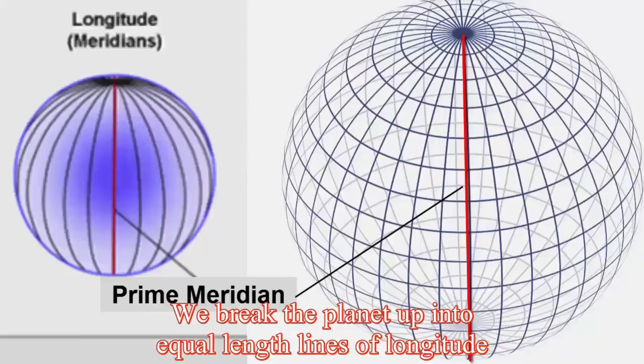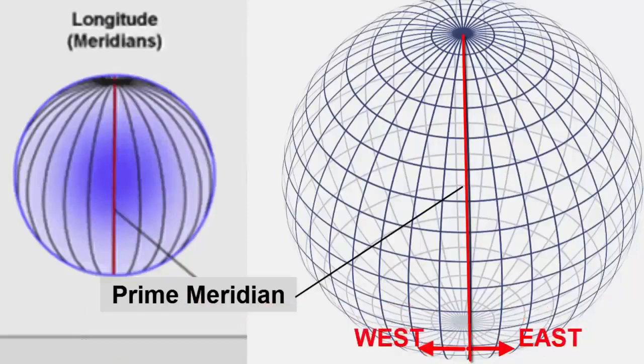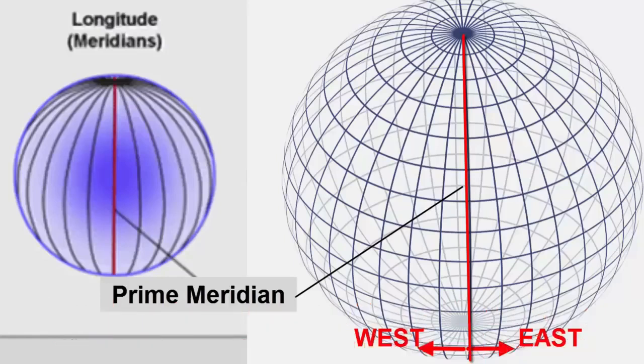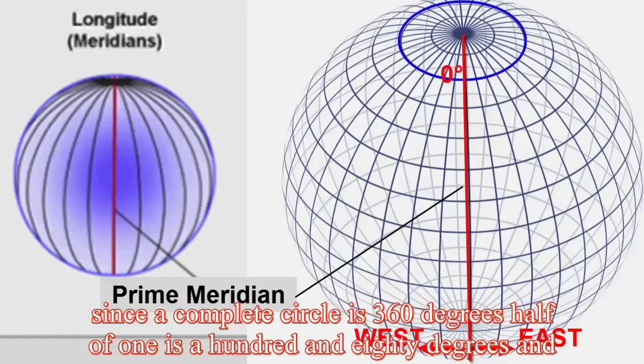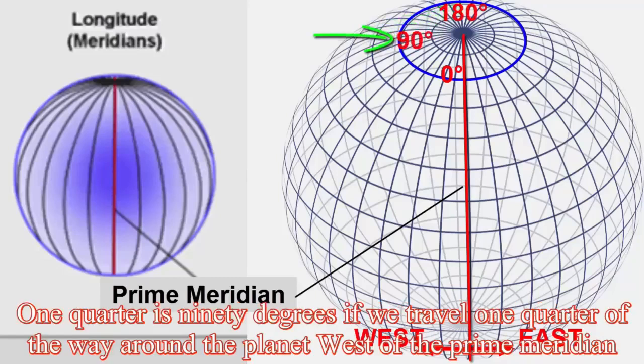We break the planet up into equal length lines of longitude that run from North Pole to South Pole at intervals east and west of the prime meridian. Anywhere along a longitude line, a point is an equal angle of a circle away from the prime meridian. Since a complete circle is 360 degrees, half of one is 180 degrees, and 1/4 is 90 degrees.